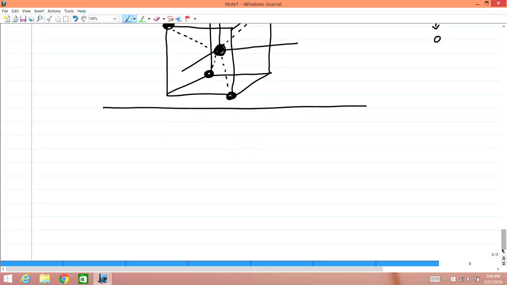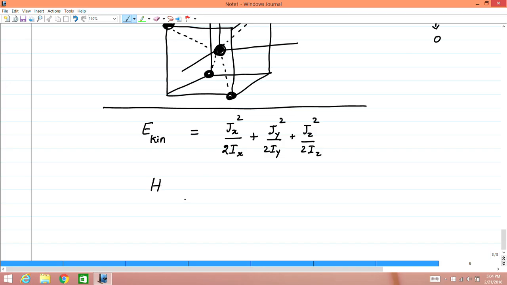Now, the rotational kinetic energy when there are 3 different moments of inertia is given by the angular momentum components in those directions divided by the moments of inertia about that axis: j y square by 2 I y plus j z square by 2 I z. We shall not study the general Hamiltonian and the energy levels of the asymmetric top.